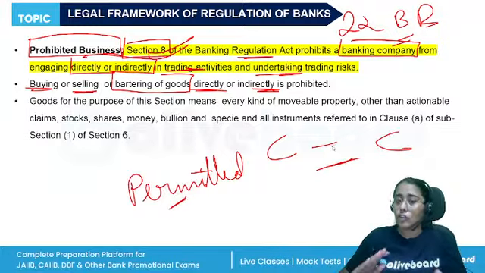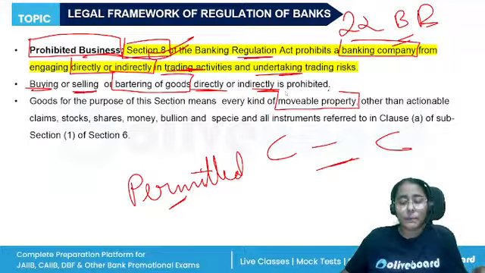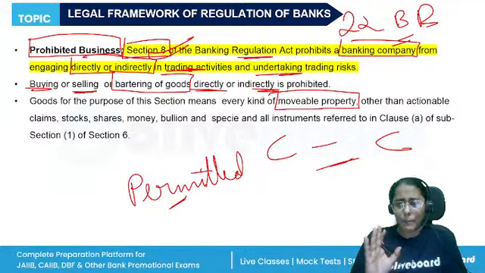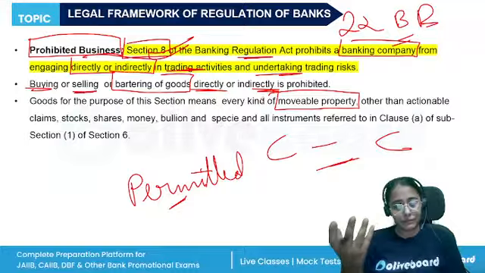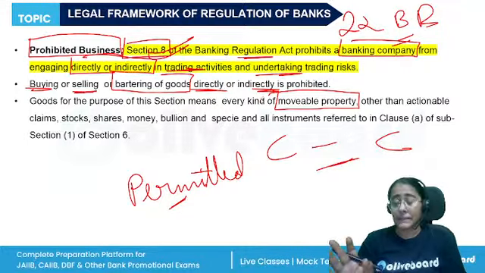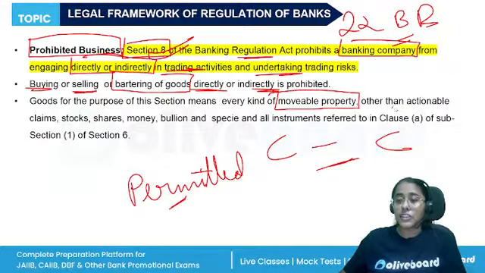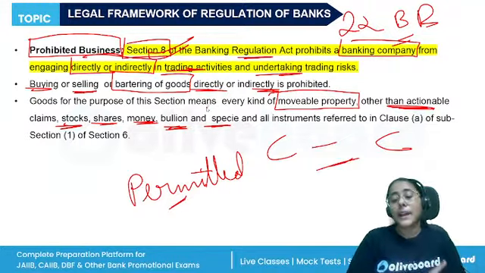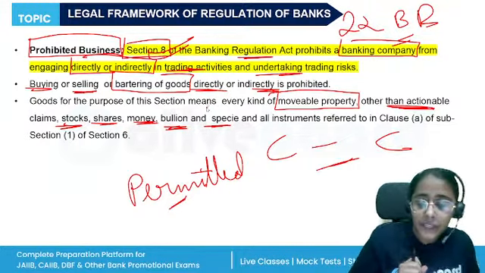Commodity exchange, not allowed. Goods means every kind of movable property. It can be any asset, it can be cereals, anything other than actionable claims, stocks, shares, money, bullion, and specie. This question was asked by the Institute in the previous exam, right?